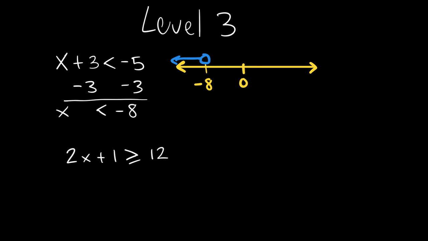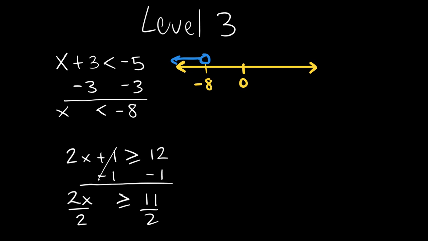You might have something a little bit larger, solving a larger inequality problem where we would subtract 1 from both sides. We're left with 2x is greater than or equal to 11. If you've ever solved two-step equations, the second step would be to divide by 2. The 2's cancel, and we're left with x is greater than or equal to 11 halves, which is the same as 5.5.